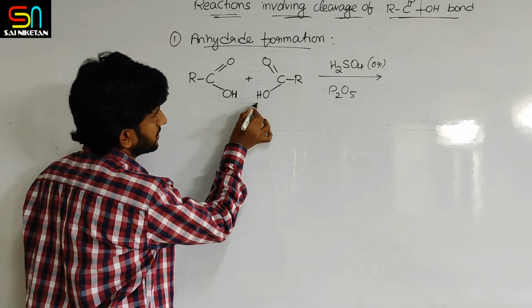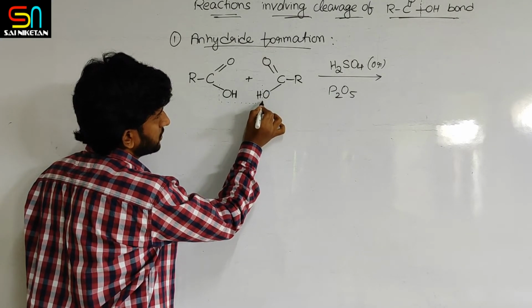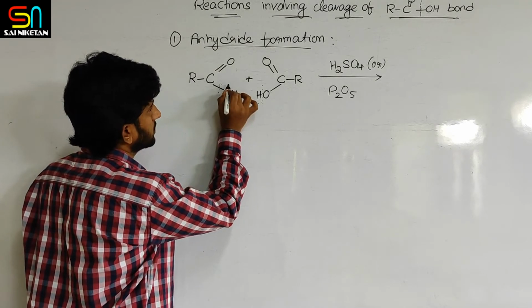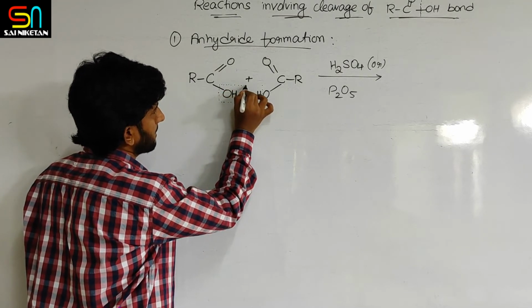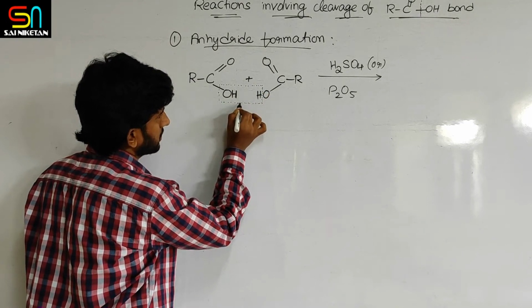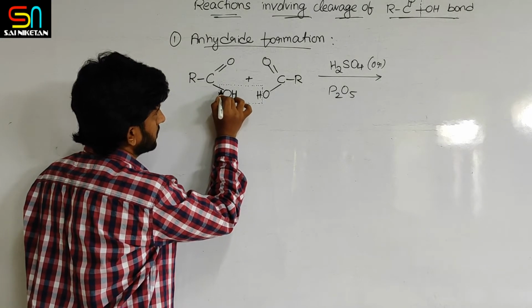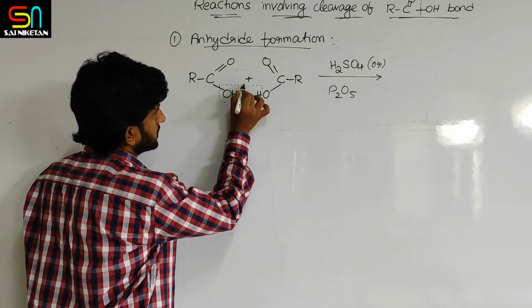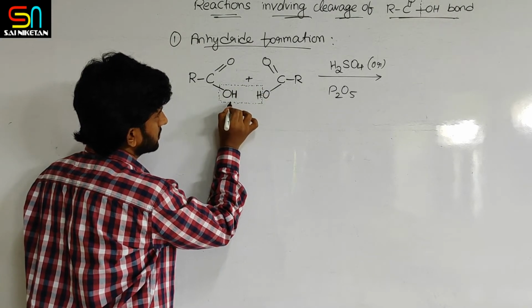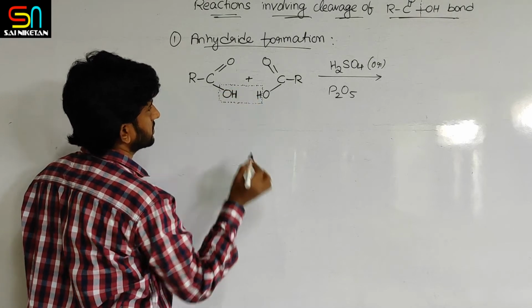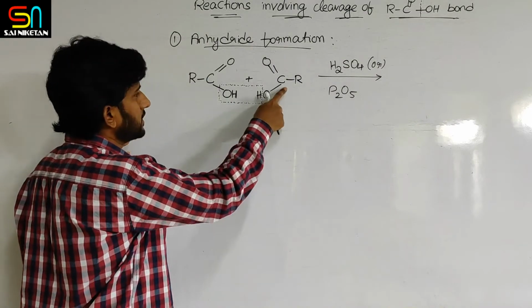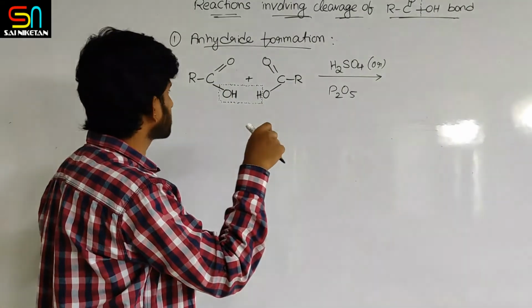Means in this reaction, one H bond and one OH bond is cleaved. So let us assume one water molecule is lost. So this C and this C get linked by this O.